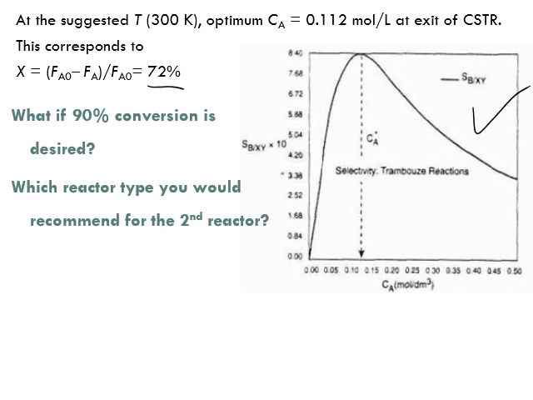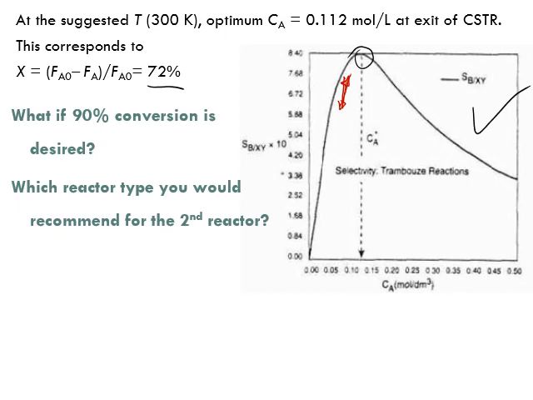Because if you simply say, let's use a bigger CSTR, the problem is that you will no longer be operating at the optimum concentration. The concentration will be lower, and the selectivity will be lower as well. So let's be careful there.